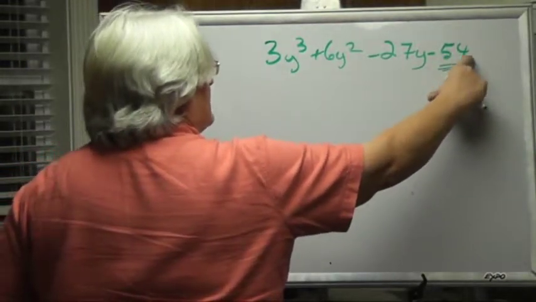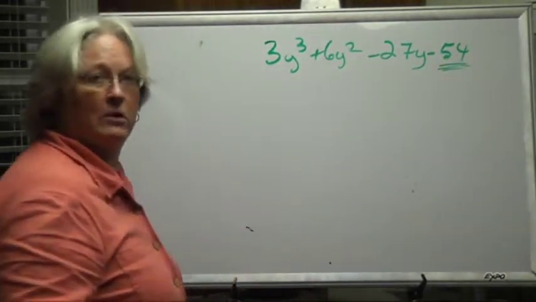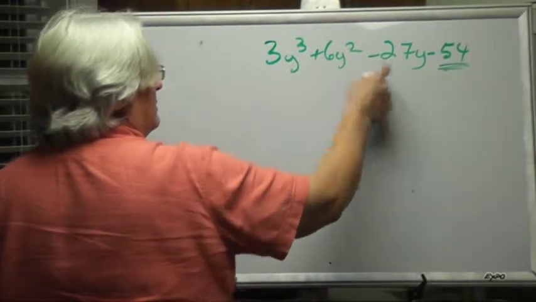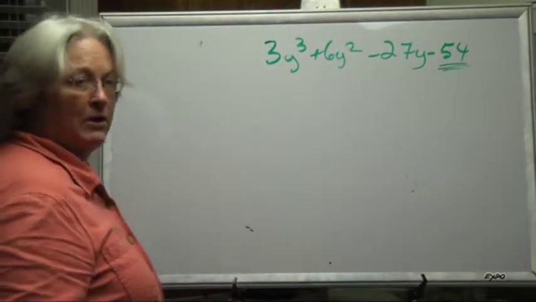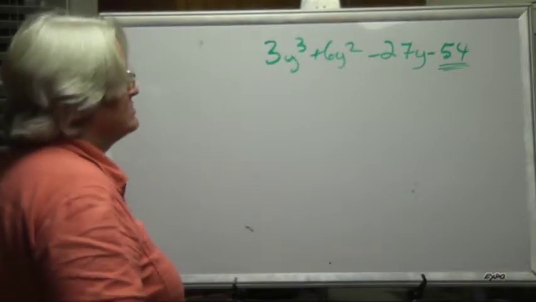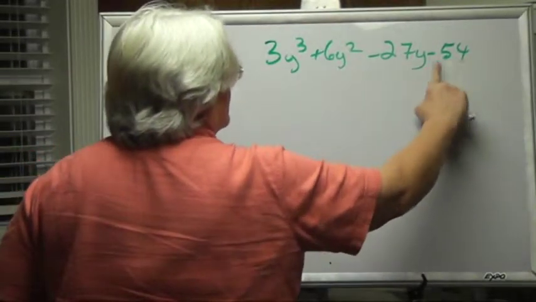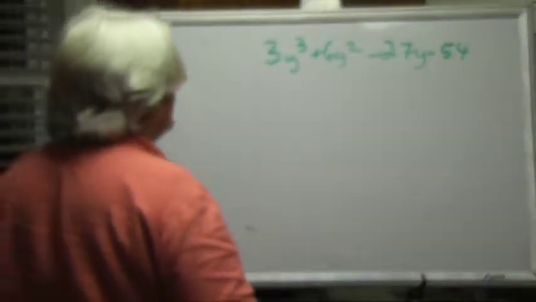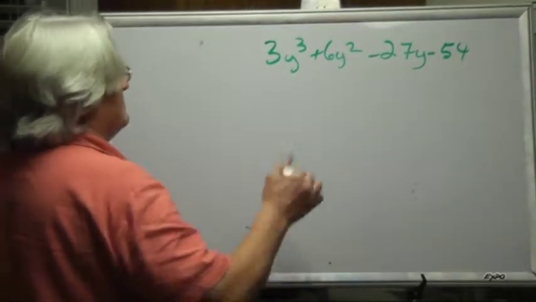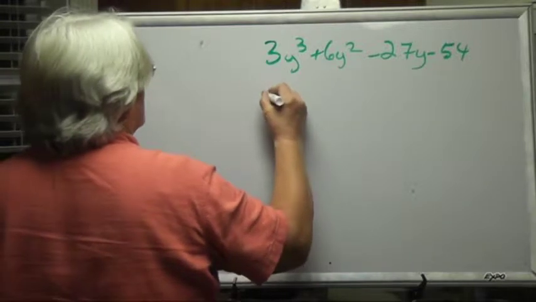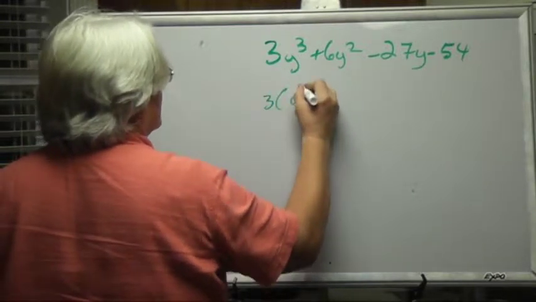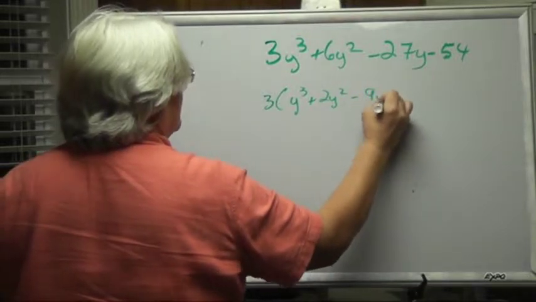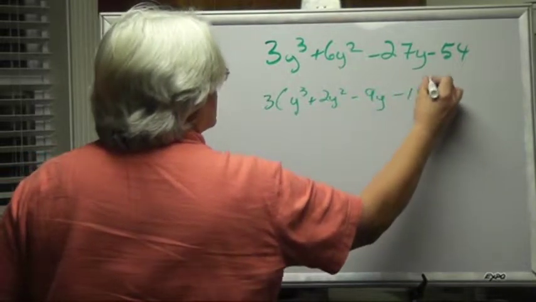I sum up the digits: 5 plus 4 is 9, and if I can divide that sum by 3, which I can, 9 divided by 3 is 3, then the 54 is divisible by 3. So first we have to factor out 3. We have 3 times the quantity y cubed plus 2y squared minus 9y minus 18.